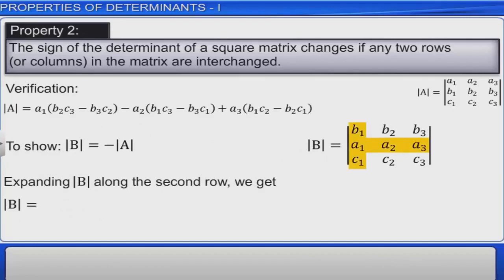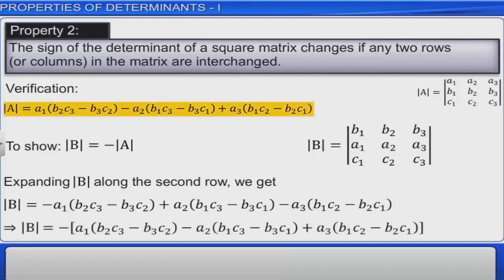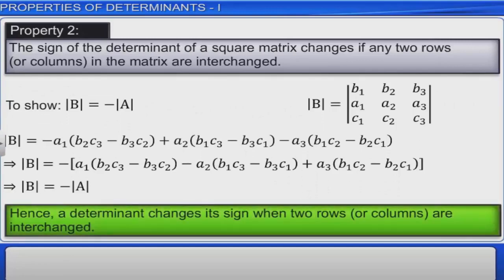We get minus of A1 times of B2 C3 minus B3 C2 plus A2 times of B1 C3 minus B3 C1 minus of A3 times of B1 C2 minus B2 C1. Observe that this is the expansion of the minus of determinant A. Thus, we have determinant of B is equal to minus of determinant of A. Hence, we can say that a determinant changes its sign when two rows or columns are interchanged. This verifies the property.